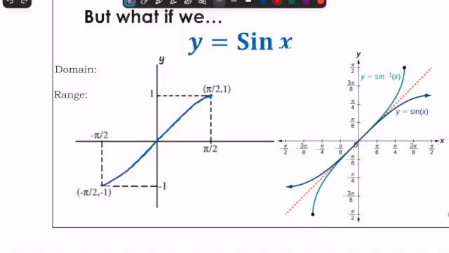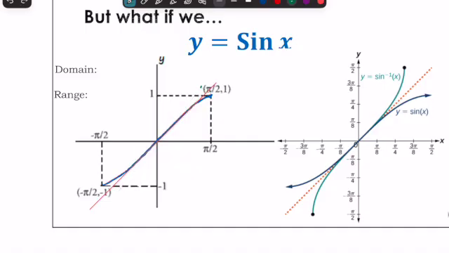Which is here. I need to draw a line kind of like that. Okay, so we're going to reflect over that line, and what we'll see is we get some other function, and it goes like this.